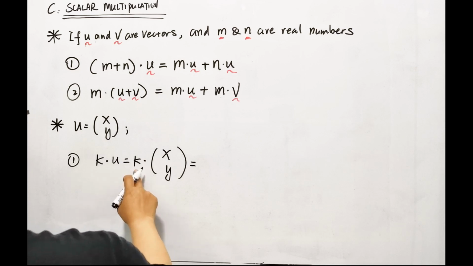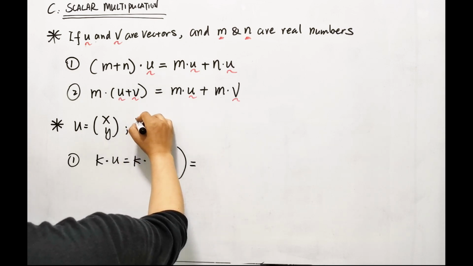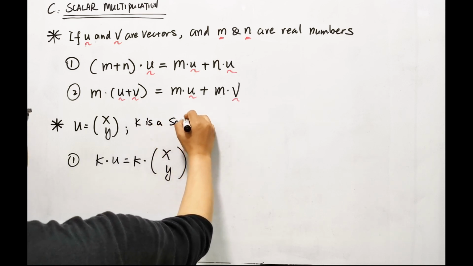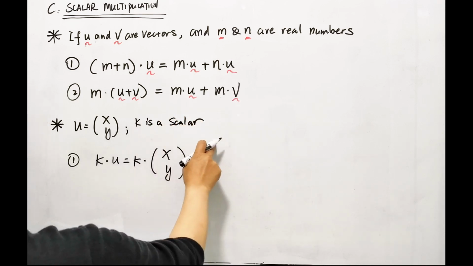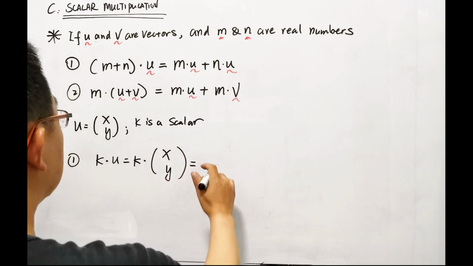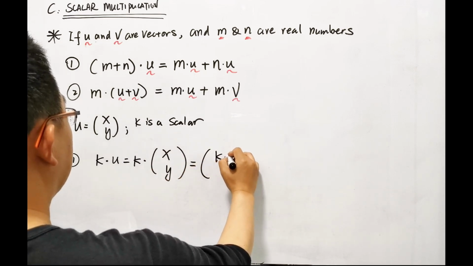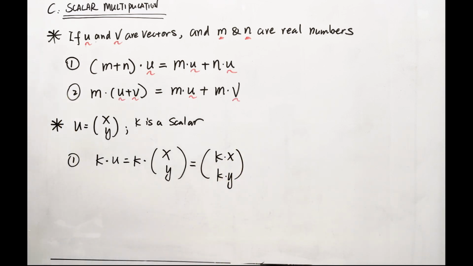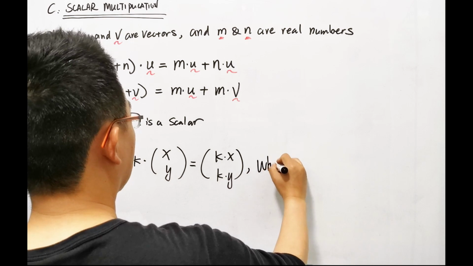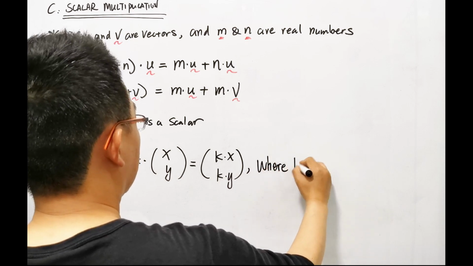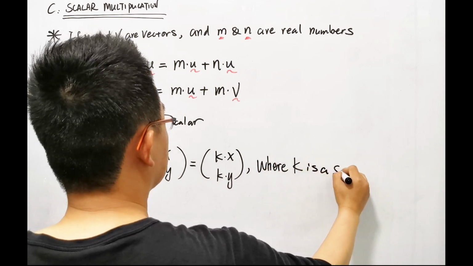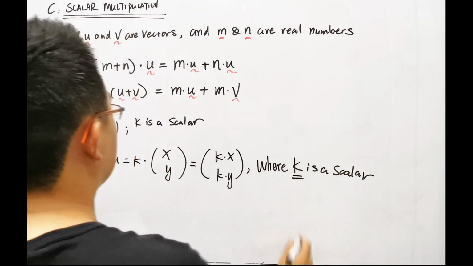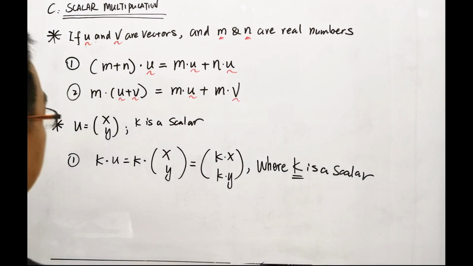Here k is a scalar, so it's a number, not a vector. It cannot be a vector. This must be a real number.